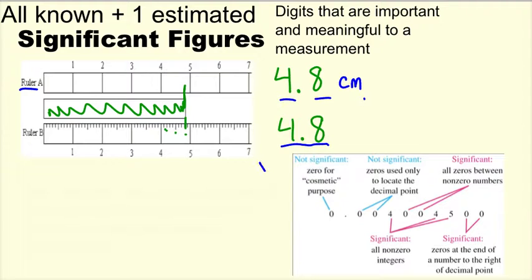Those are my knowns. And then I can estimate that last one. It looks like it's a little closer to the 4.8, so I'm going to say 4.81. Somebody else might read it and estimate that it's 4.80, or even 4.82, but that's because that's my estimated digit.